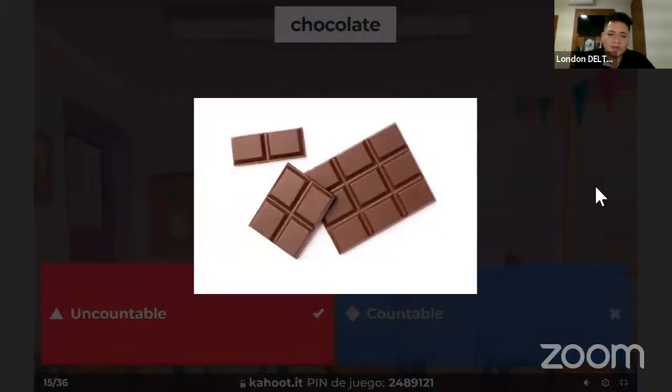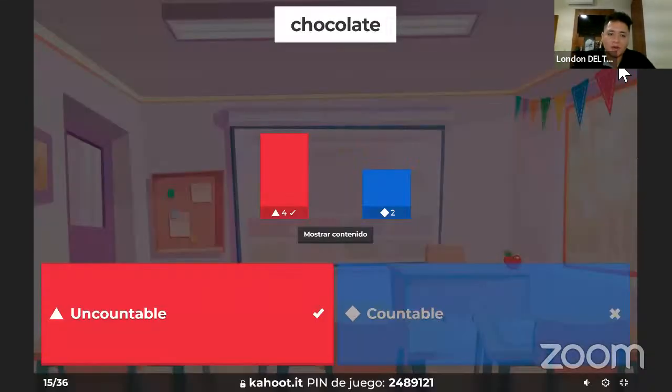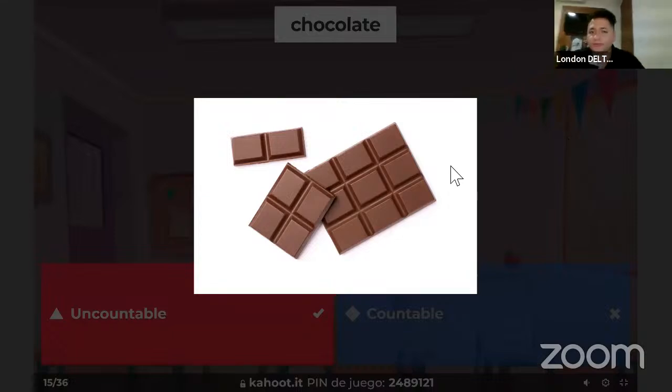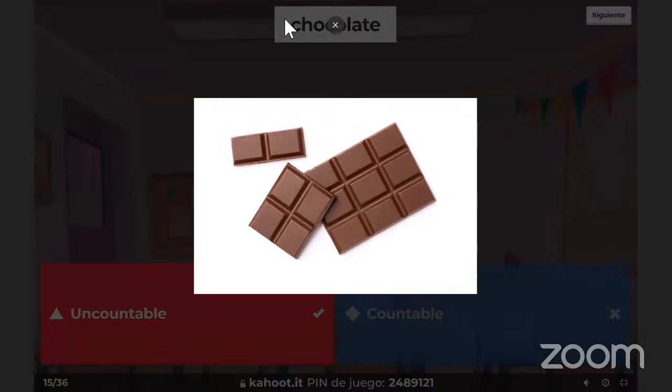So chocolate is uncountable. El chocolate, pero ¿cómo puede ser el chocolate incontable? Well, try to think again. Oh, 1 second, please.